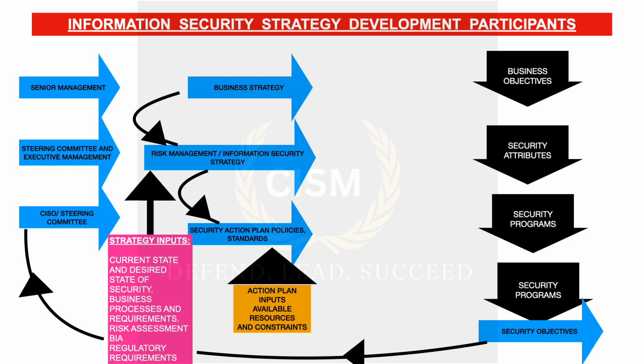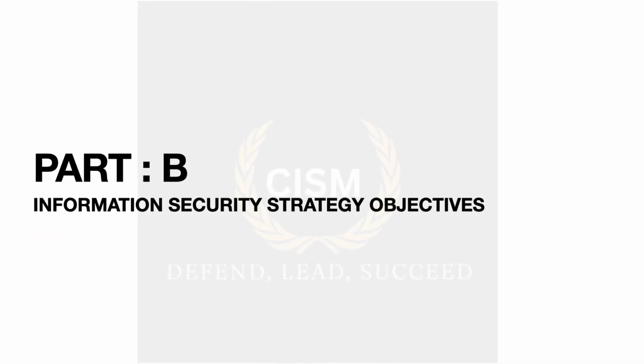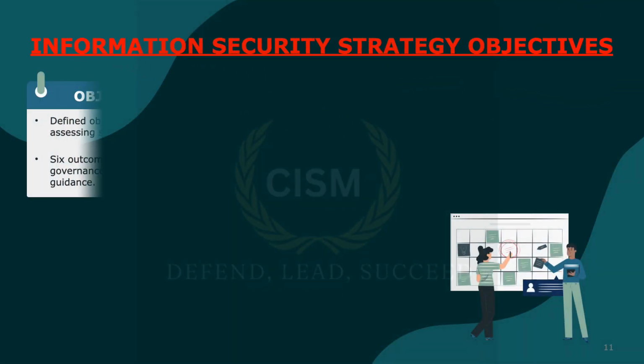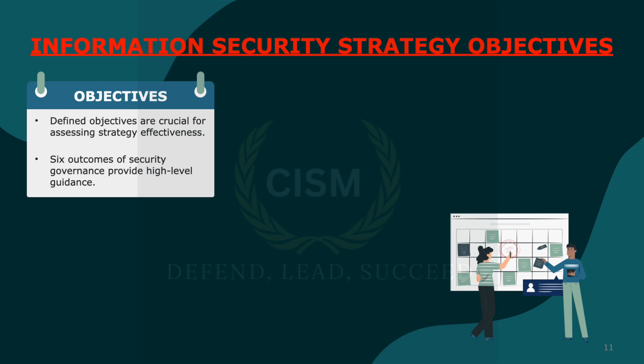Right? Moving to the next, we'll discuss the information security strategy objectives. Under the information security strategy objectives, the first point is about the objectives, which states that defining objectives is crucial for assessing the strategy's effectiveness. The outcome of the security governance provides the high level guidance.